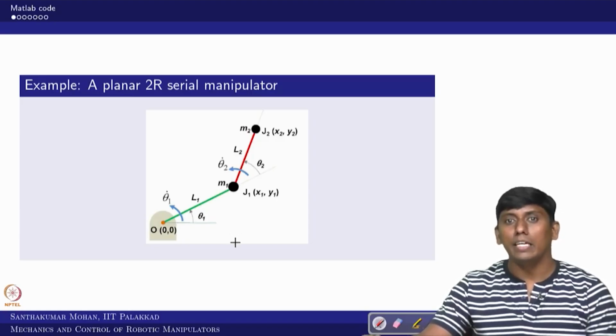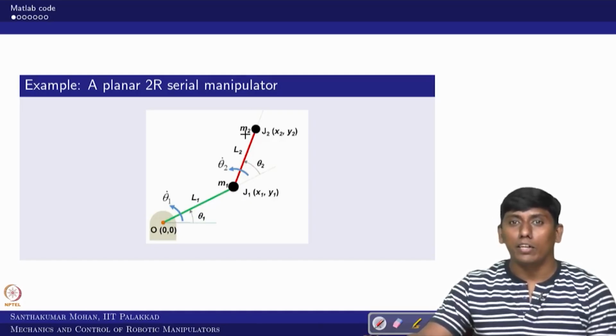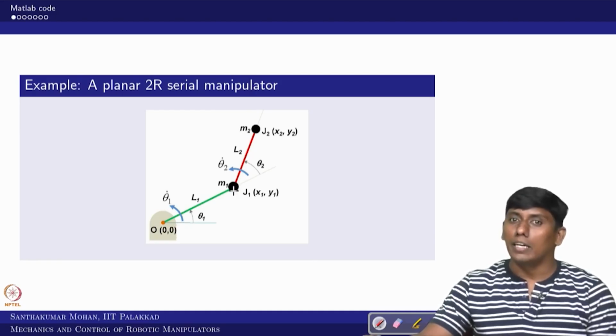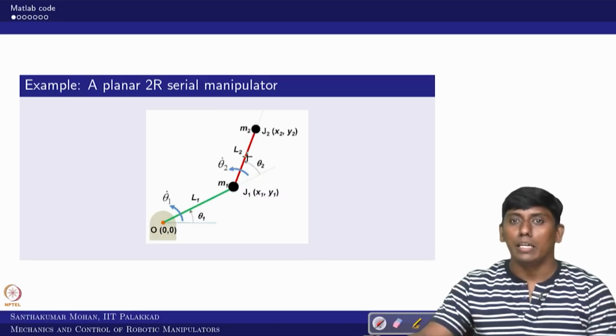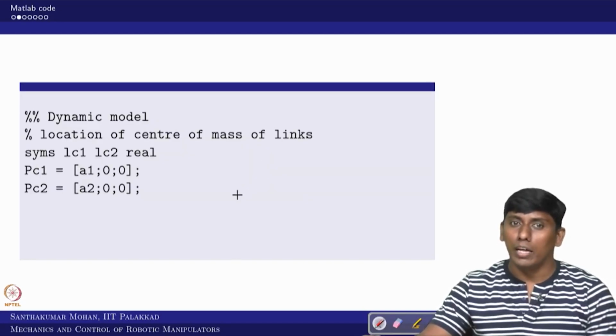Now for link 1, the centroidal location from frame 1 has an L1 distance along x, and y and z are 0, 0. Similarly the centroidal location of the second link with respect to the second frame is only L2 along x2, and all other axes are 0. That is what we have derived.